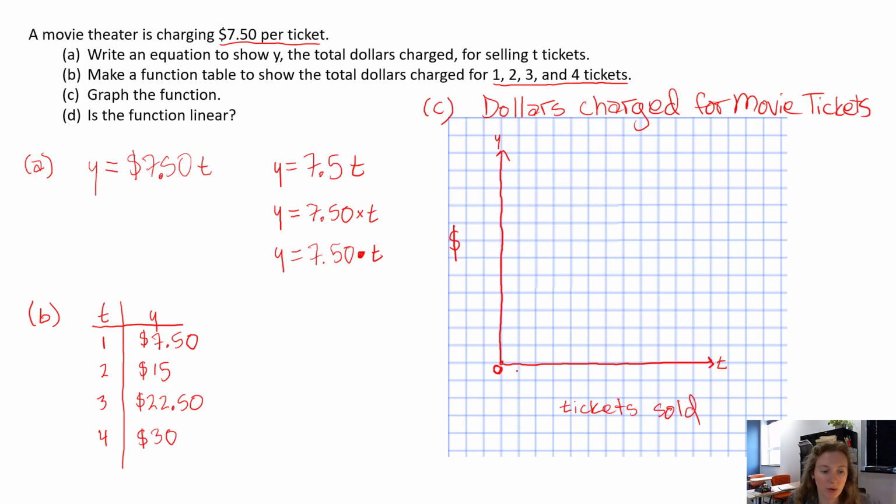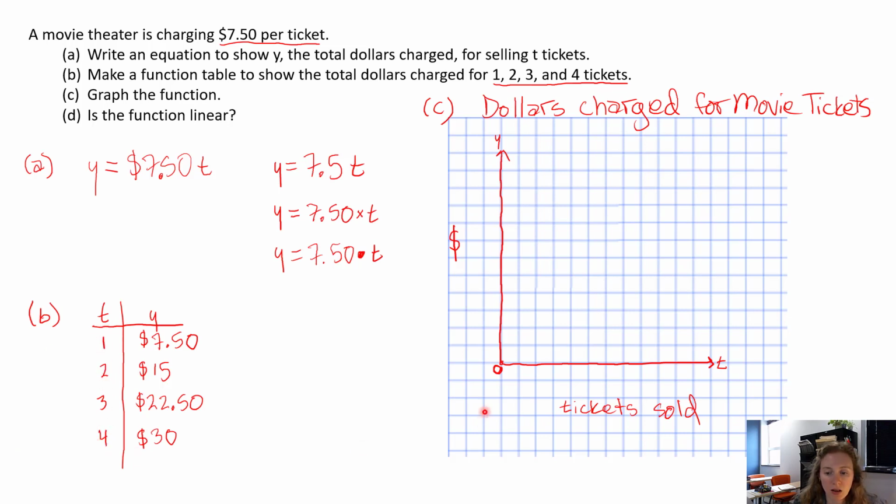Now I'm going to set up the intervals on the axes. I'm going to place some markers and some numbers evenly spaced along the axes. And for this, I'm going to think about what numbers I'm going to need to plot. So to help me think about that, I'm going to take a look at my table. If we take a look at the table here, the t values go from 1 to 4.